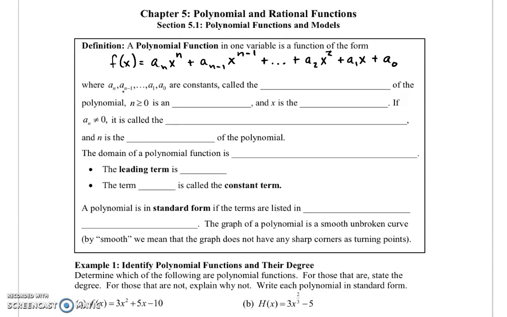So all those a's with the different subscripts are just constants, and we should all know by now those are the coefficients of the polynomial. And n greater than or equal to 0 is an integer. And of course, x is the variable.